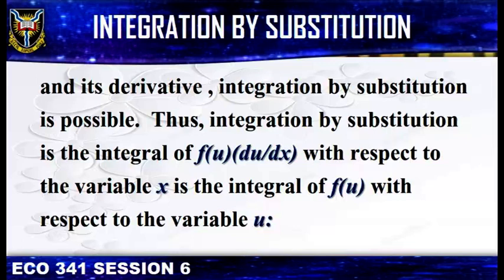Thus, integration by substitution is the integral of f of u du dx with respect to the variable x is the integral of f of u with respect to the variable u.